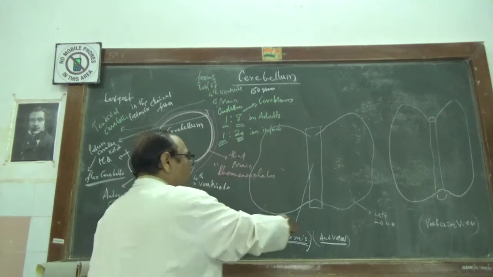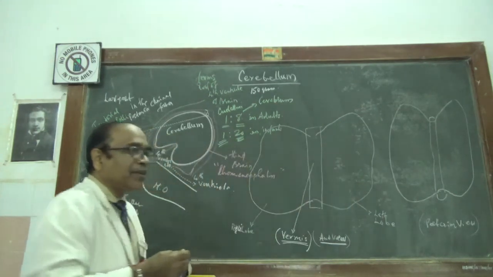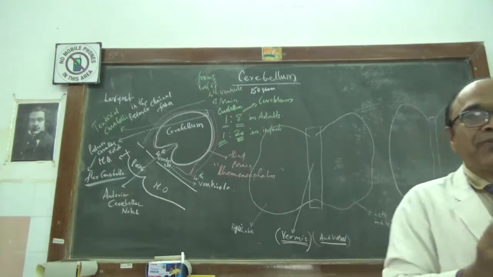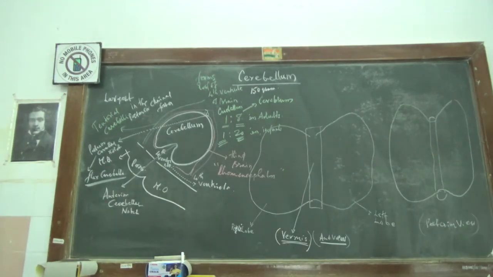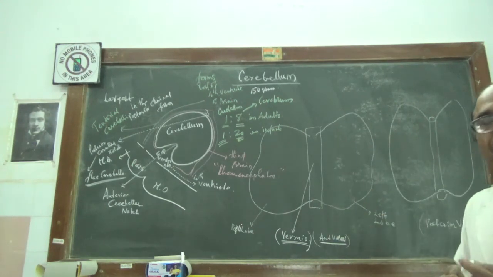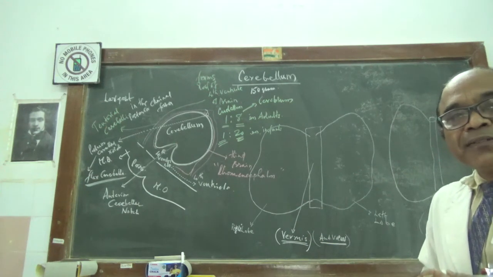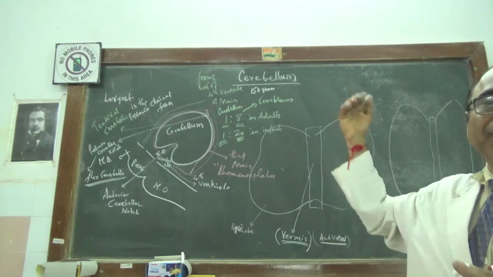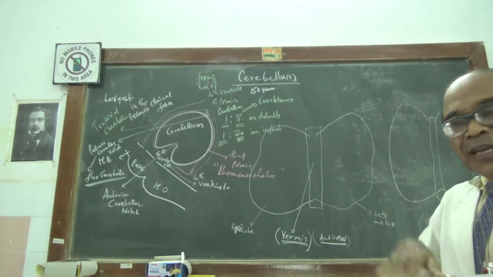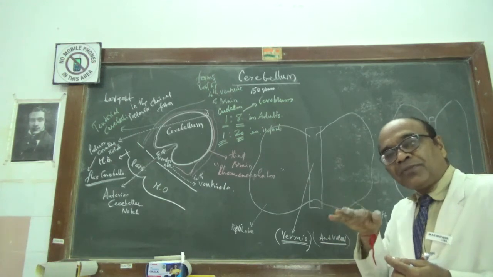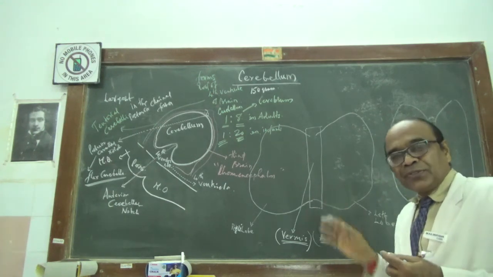Now on the lobes, right and left, there are some indented parts of the grey matter of the cerebellum, and there are some bulged parts. The bulged parts have many names, and the indented parts are called fissures.